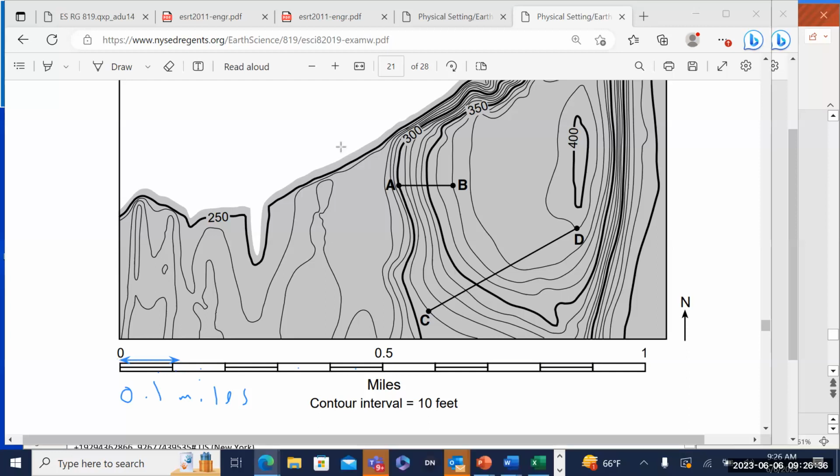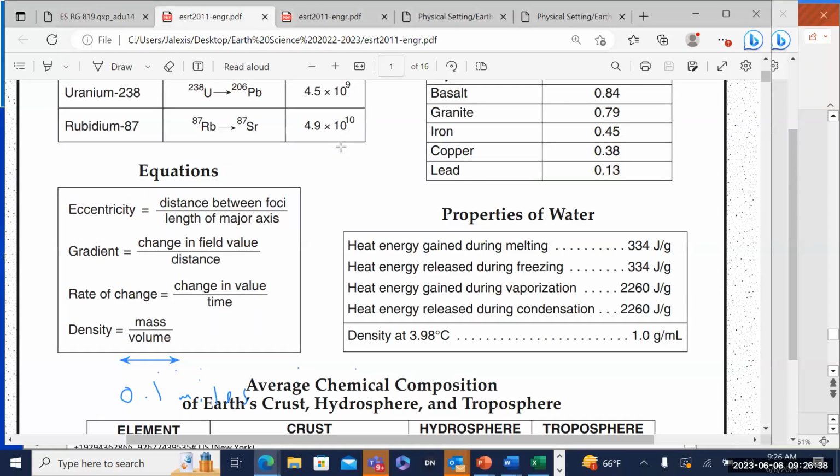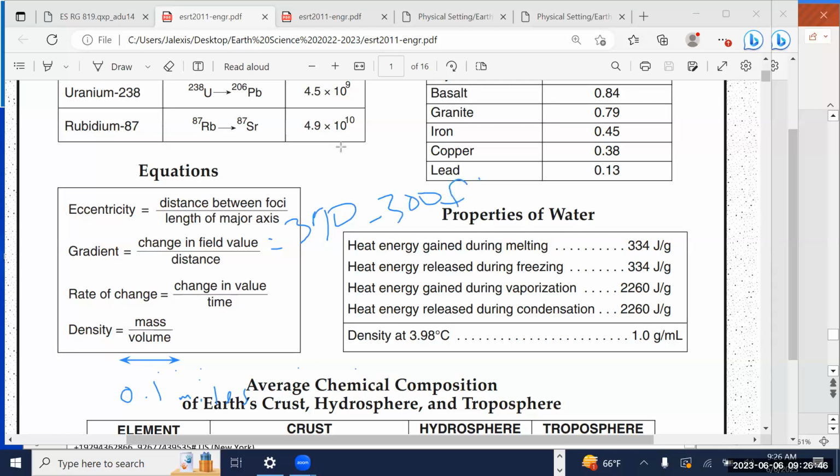Now, when I go back to my reference tables, remember, what was my change in field value? It was 370 minus 300, and this is in feet, divided by the distance, which was 0.1 miles.